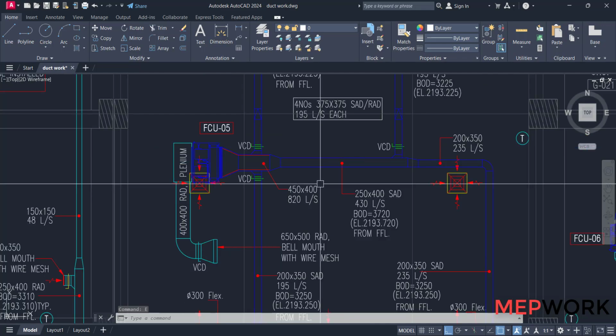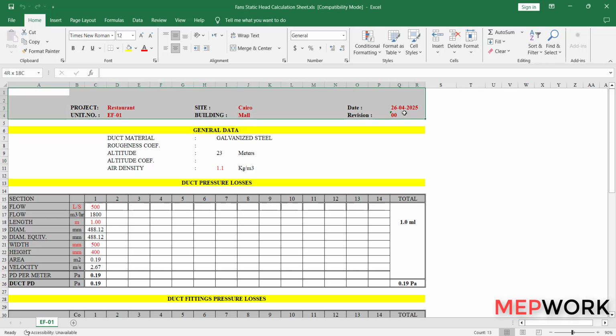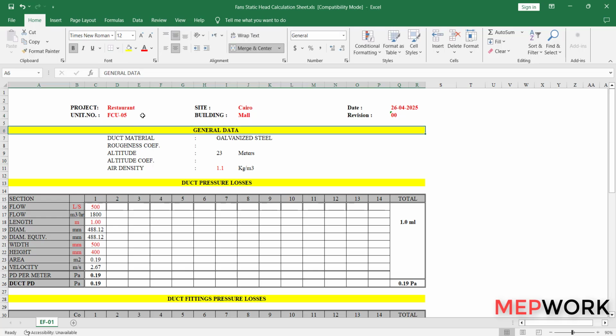Let's start. This is the calculation Excel sheet. In this part, these are the project data. You fill all the data in this part. The unit number in our case will be FCU05. Don't forget to change it also in this tab.